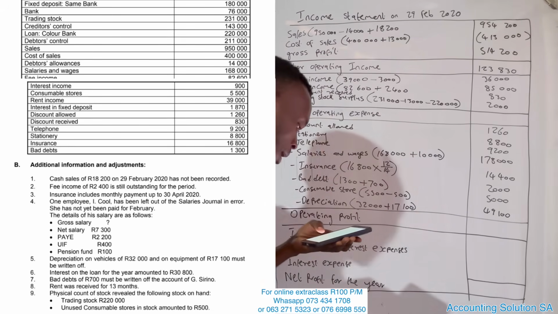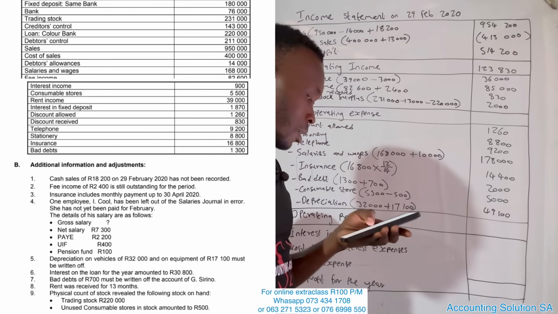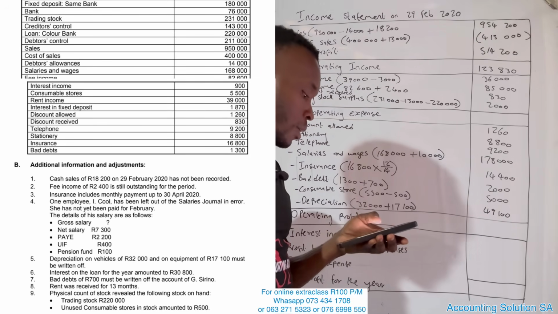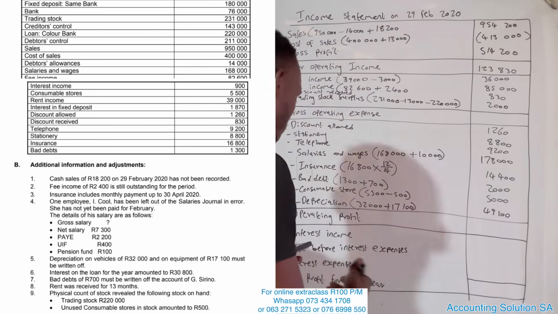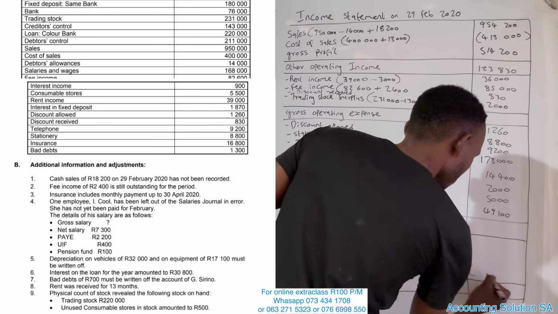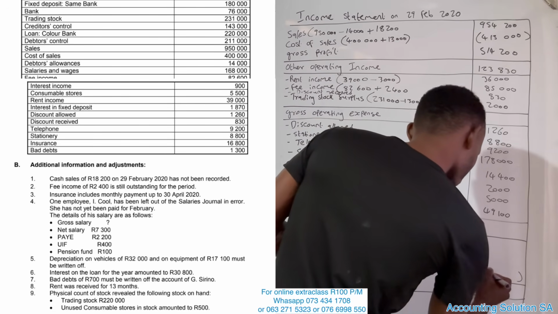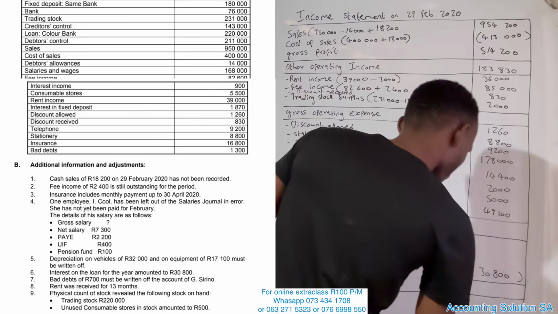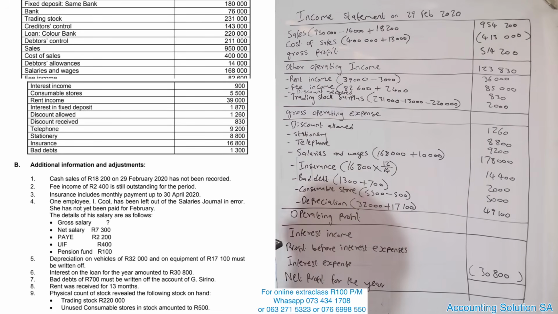Interest on loan for the year amounted to 30,800. So interest on loan, guys, is interest expense. Interest expense, and must always have a bracket, is 30,800. Okay, and interest income, let's check. We have an interest on fixed deposit, which was given as 1,870. Okay, and we also have other interest income of 900.